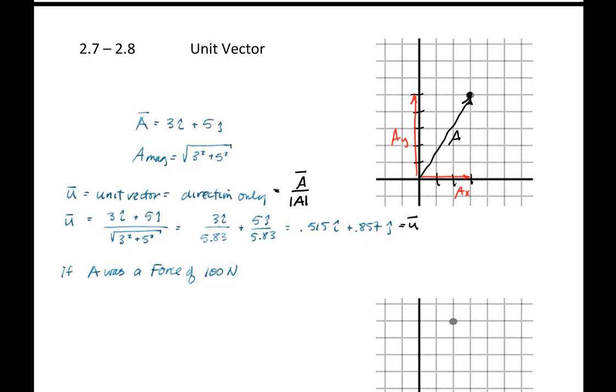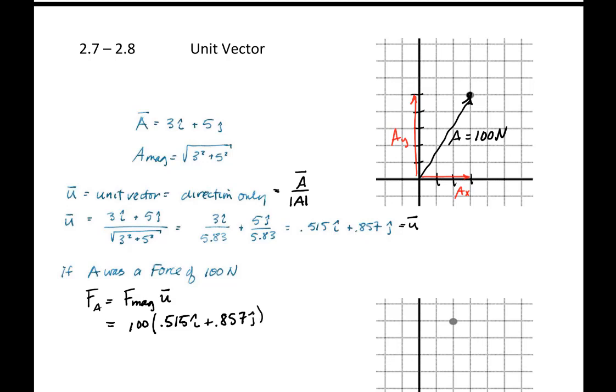If A was a force, let's say it's equal to 100 newtons, then the force is defined as F magnitude times the unit vector. In this case, the magnitude of the force is 100 times 0.515i plus 0.857j.